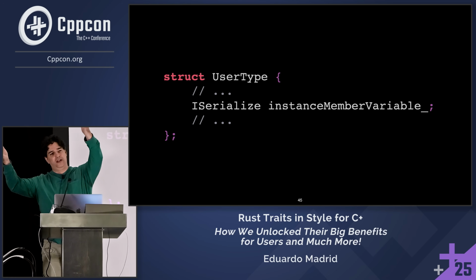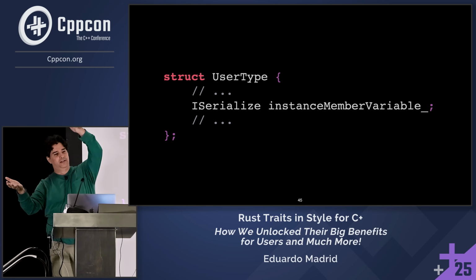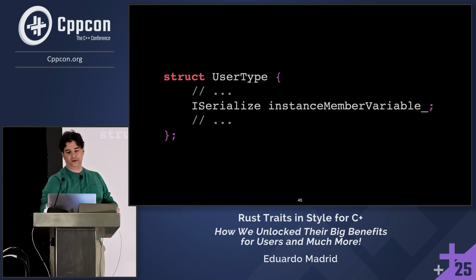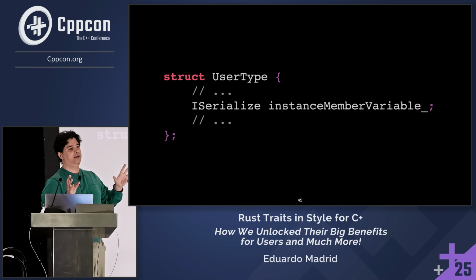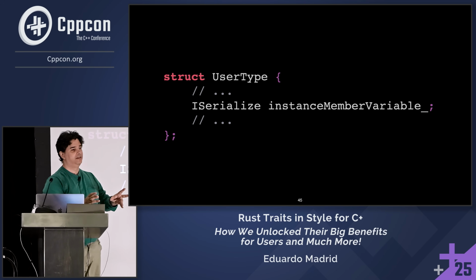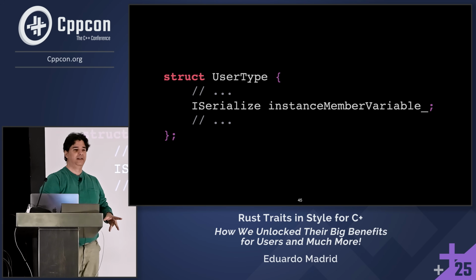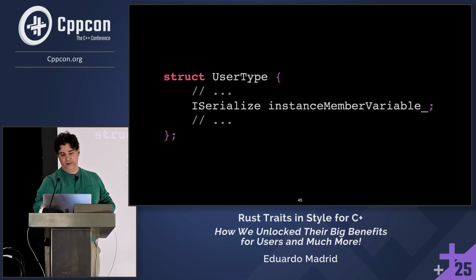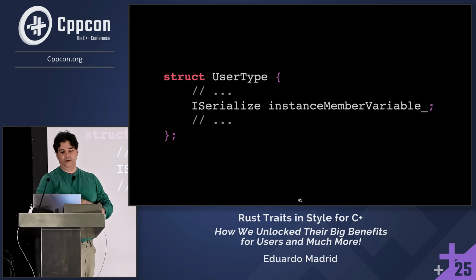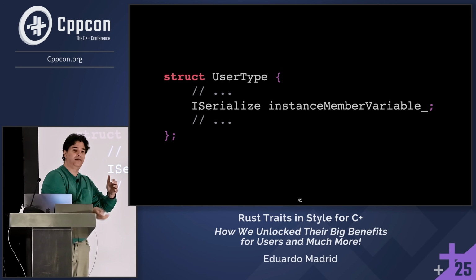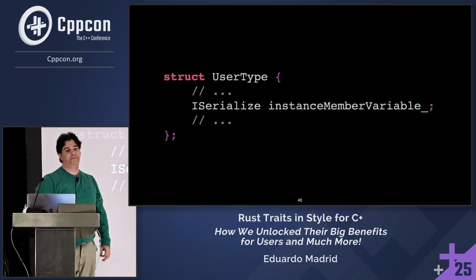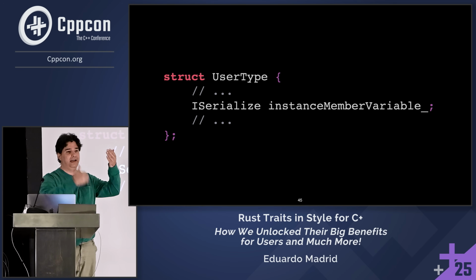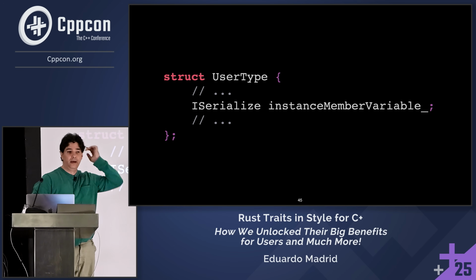So if you assign something that is bigger to something that is just an interface, an instance of an interface, sure, you're going to fill properly the part of the interface, but you're going to damage all of the siblings that are right after the member in your data layout for the user type.